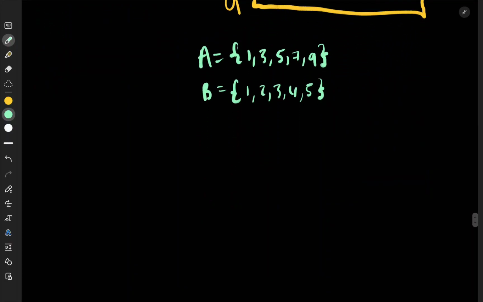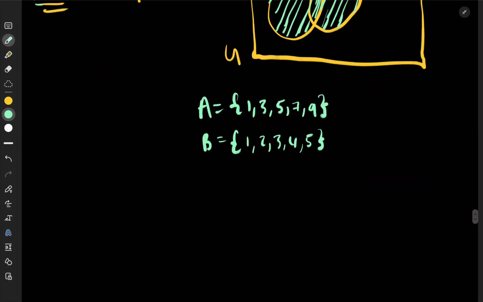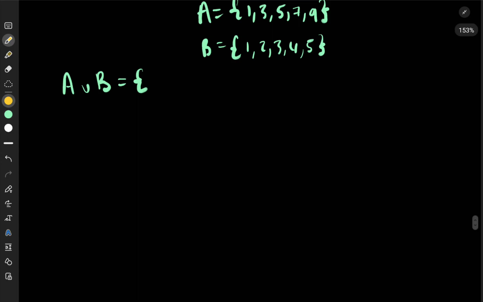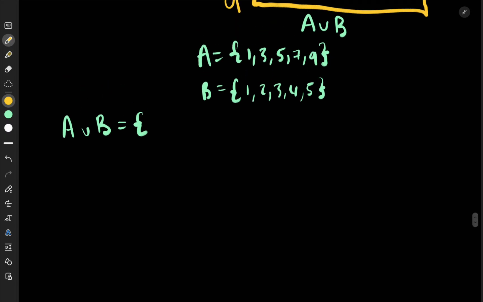So how would we get it? The region I've shaded is A union B. For the sets we've put here, we would put anything that is in either A or B or in both. For these small numbers it's very easy. I'll start with the smallest number and go up and see if it is in A or in B or in both.